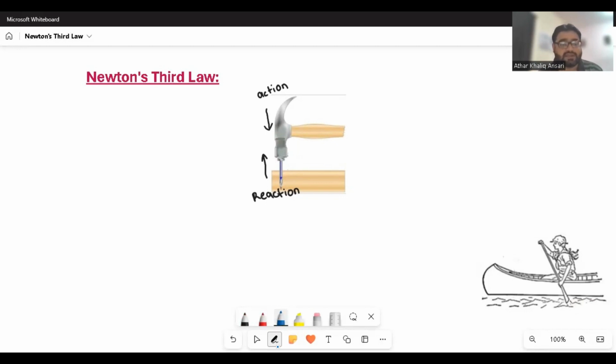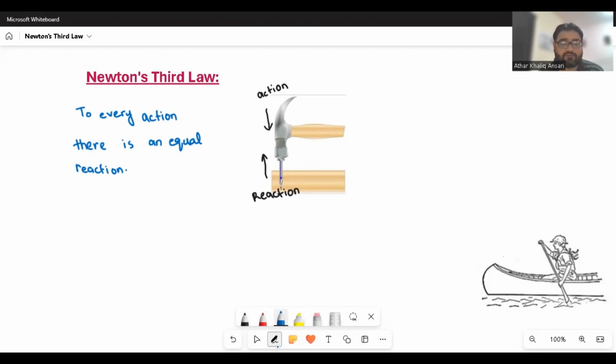He said, in very simple wording, to every action there is an equal reaction.